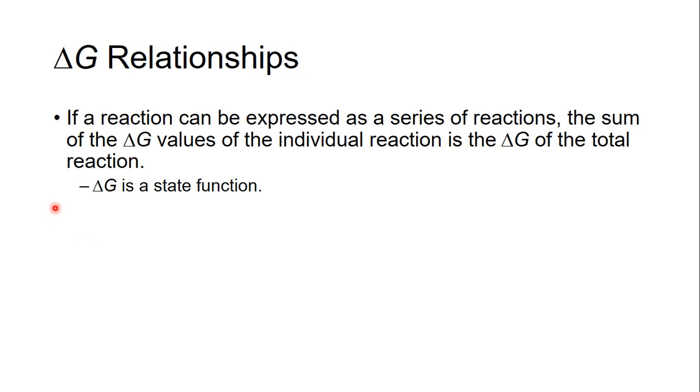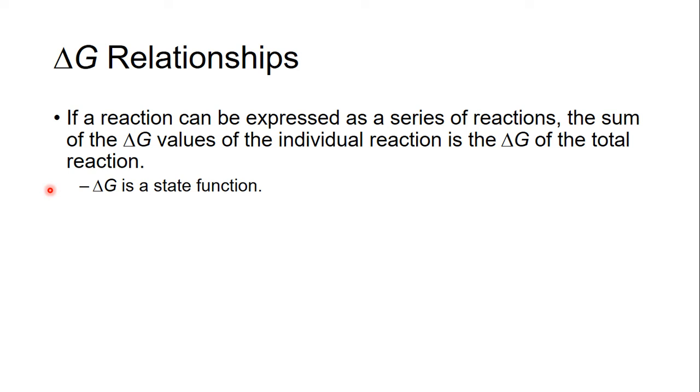Now, let's look at some of the relationships of delta G. First, we have to realize that delta G is a state function. That means it does not matter where or what path you take when calculating delta G. All delta G cares about is your initial state and your final state, or your initial value and your final value.